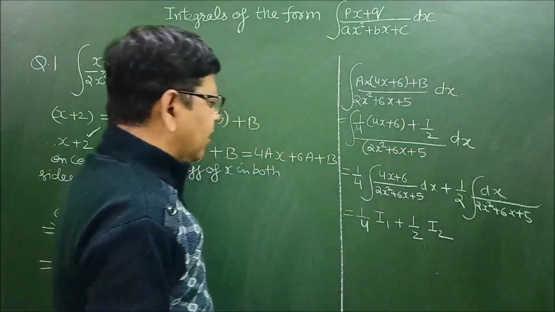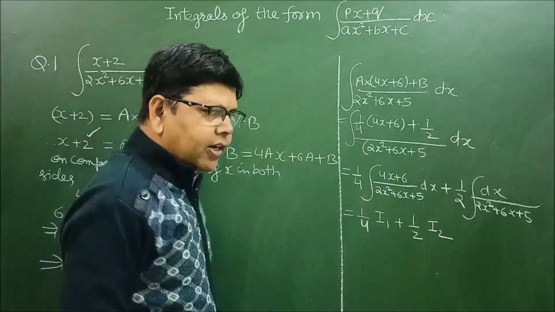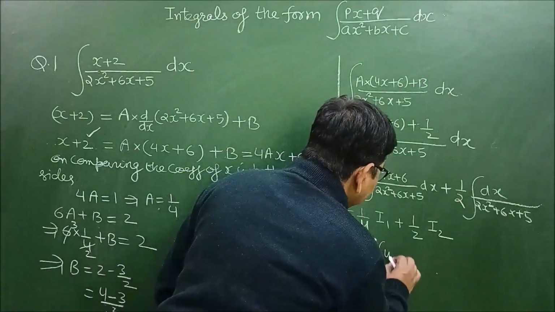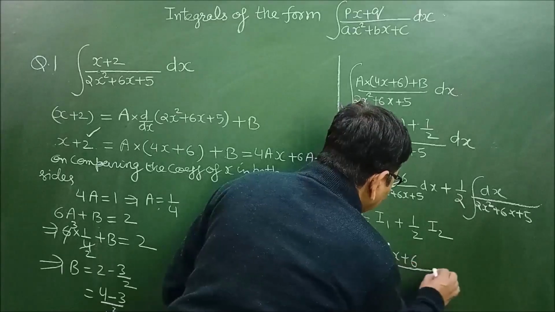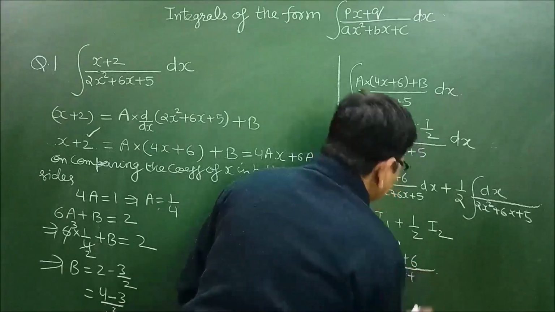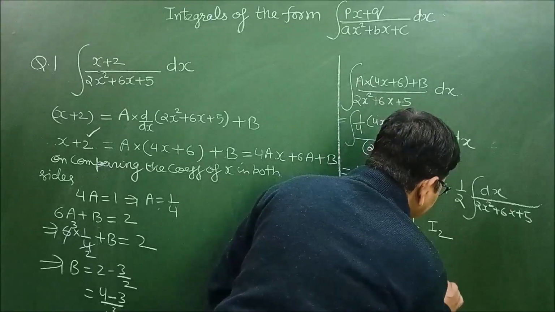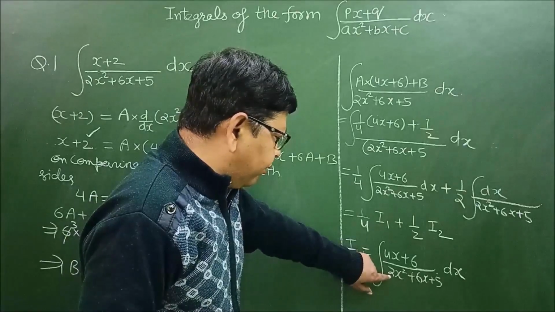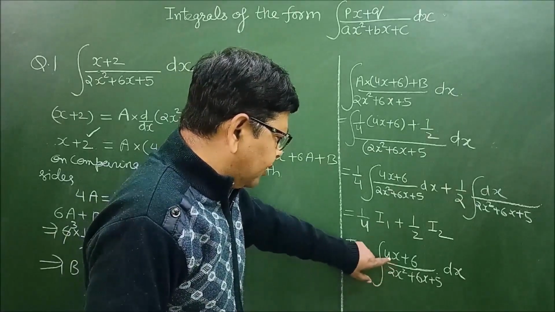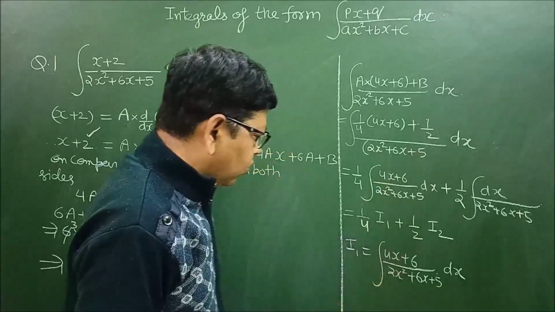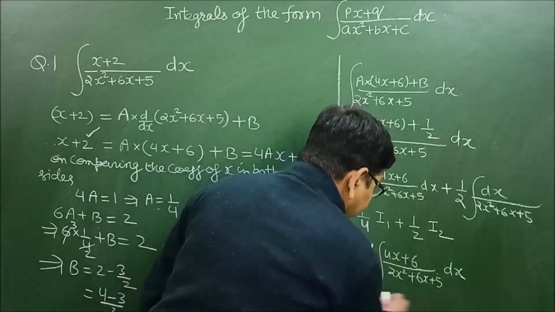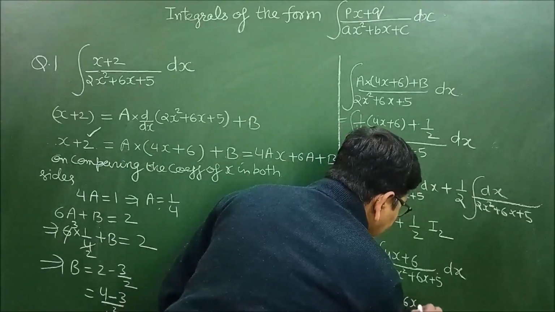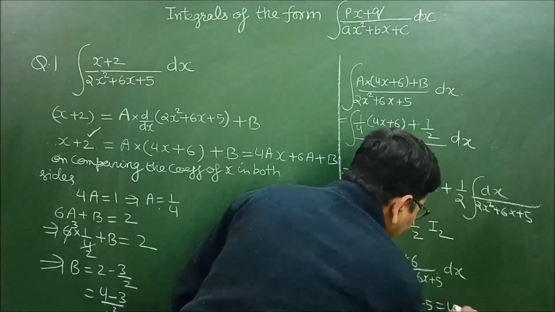Now solving the integrals separately, I1 is equal to the integral of (4x + 6) upon (2x² + 6x + 5) dx. Now the derivative of the denominator is in the numerator, 4x + 6. So let 2x² + 6x + 5 be equal to u.